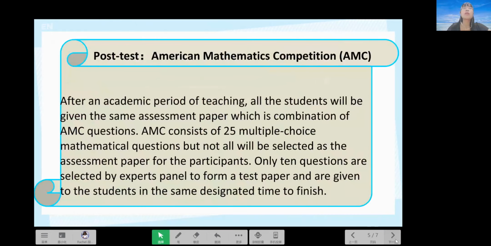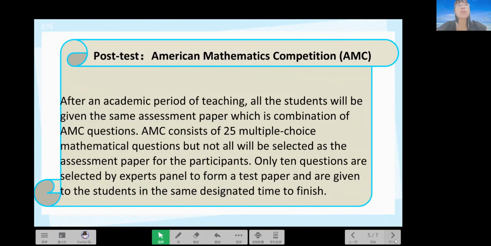And not only is a pre-test introduced here, a post-test will also be employed. The AMC, or American Mathematics Competition, will be used as the post-test. After an academic period of teaching, all students will be given the same assessment paper, which is a combination of AMC questions.